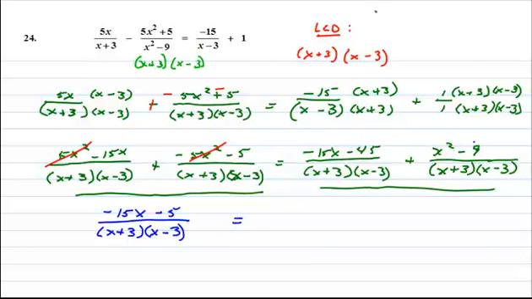Now we're combining like terms here, so x squared is the only term involving x squared. Negative 15x is the only term involving x, and negative 45 and negative 9 is negative 54 over the LCD.